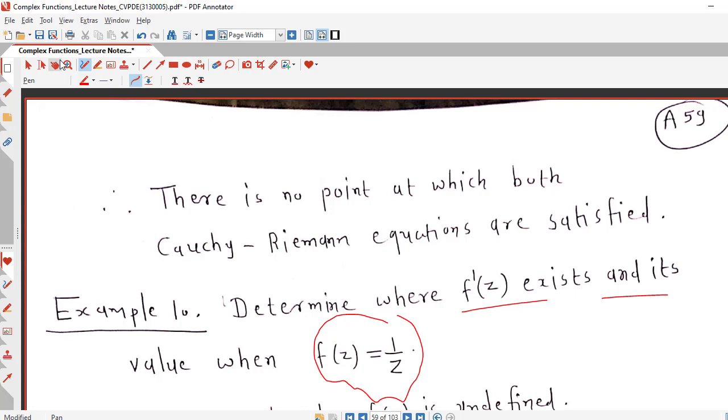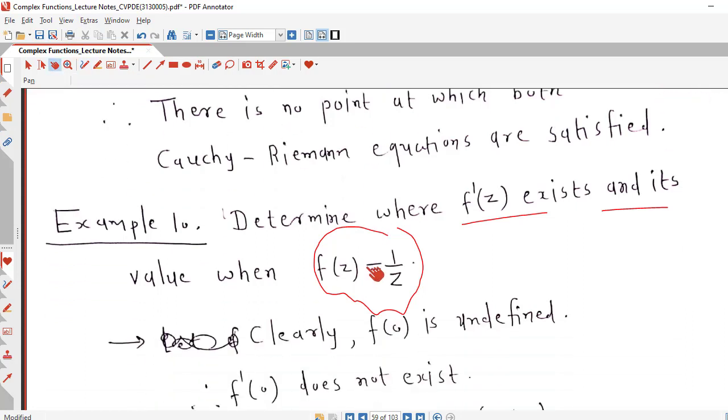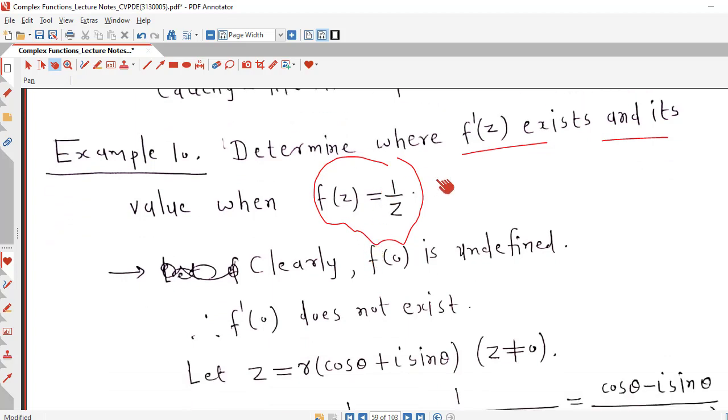Here also it is better to use polar form because we have 1/z, and the function is undefined at z equal to 0. So the function is not differentiable at z equal to 0. For differentiability at a point, the function must be defined at that point.